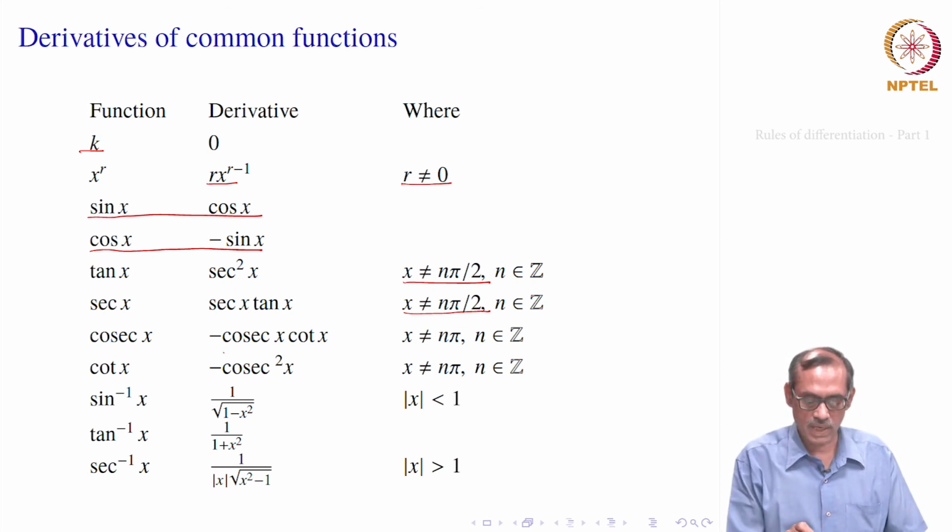Then cosec x will give us, it is coming from there by a duality rule. So, minus cosecant x into cot x, just like minus comes from here. So, minus cosec x into cot x, and derivative of cot x equal to minus cosec square x. Again we have to take care of where they are defined, where they are not.